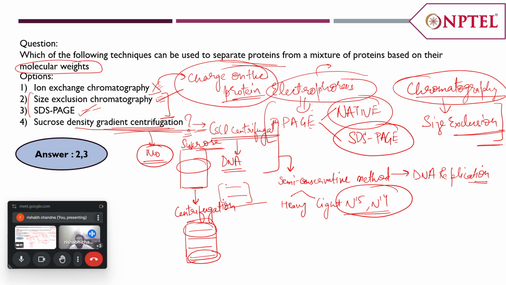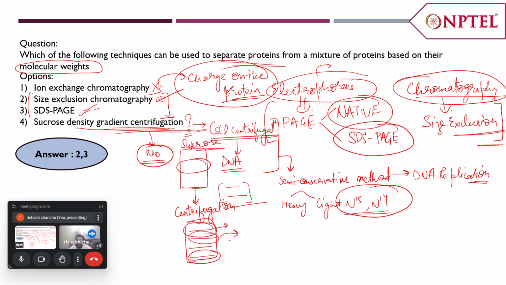Based on that, we can separate the proteins, but the major disadvantage is that we will not be able to differentiate which protein is what. If we know the exact components of the protein mixture that we are adding, then we will be able to identify that this band corresponds to this particular protein.